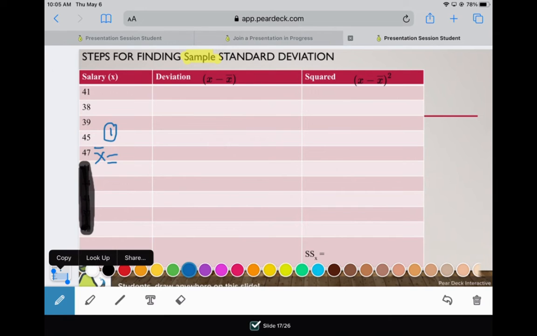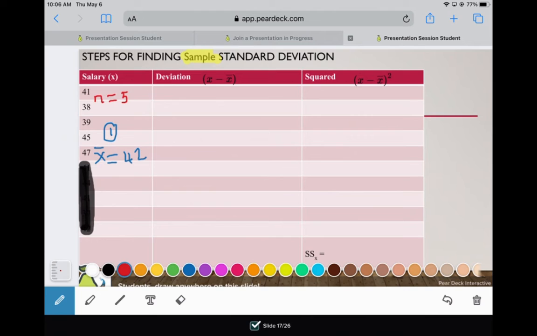All right, so if I find the total of 210 and then divide by 5, my average is 42. If you don't know how to find the average or the mean, let me know. Another thing, remember the N, instead of capital N, this one is just the regular lowercase n, which is 5, because I have 5 numbers, okay?